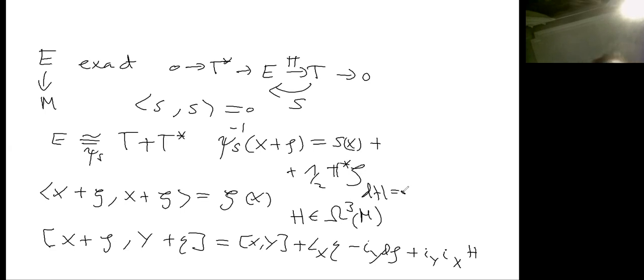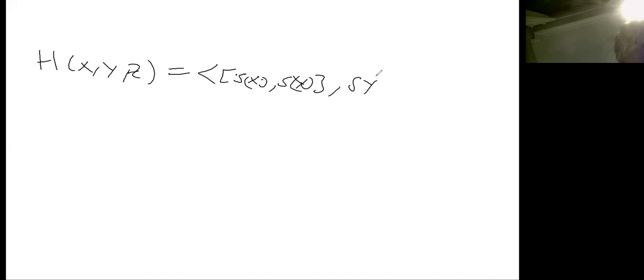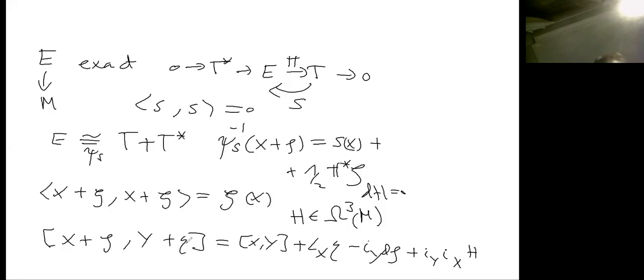So essentially, this H at x, y, and z is given up to normalization by the bracket of S x, S y, S z. I didn't tell you this form of the bracket and the pairing, but using this isomorphism it follows from the axioms.